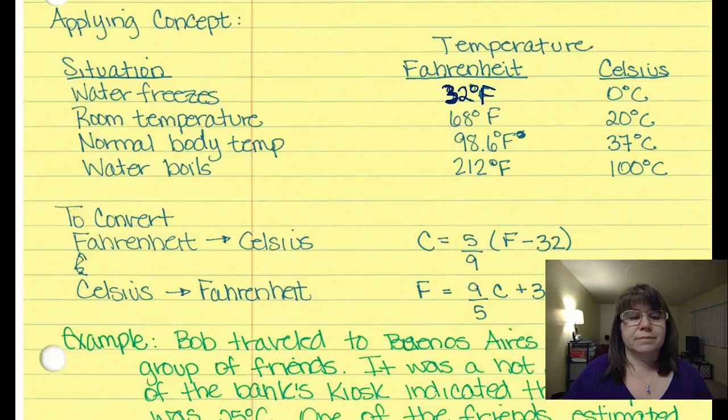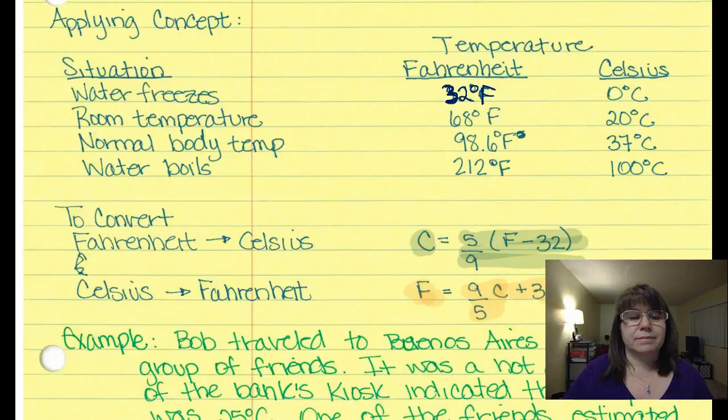But there is a nice formula that we use to be able to convert back and forth. If given a temperature in Fahrenheit, I can convert it to Celsius by first subtracting 32 and then multiplying it by 5/9. That will give me Celsius. If I'm given Celsius, if I multiply it by 9/5 and then add 32, that will give me Fahrenheit.